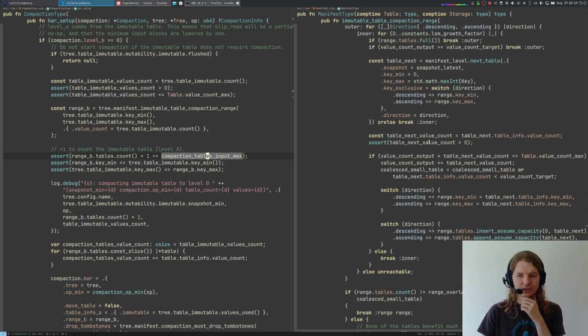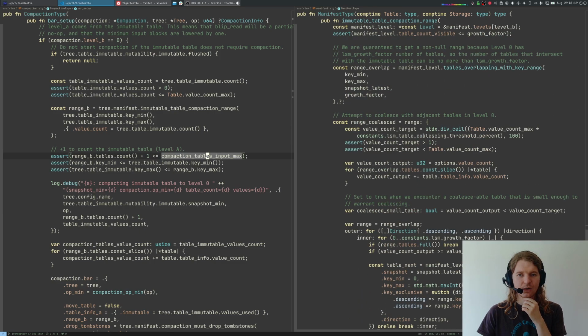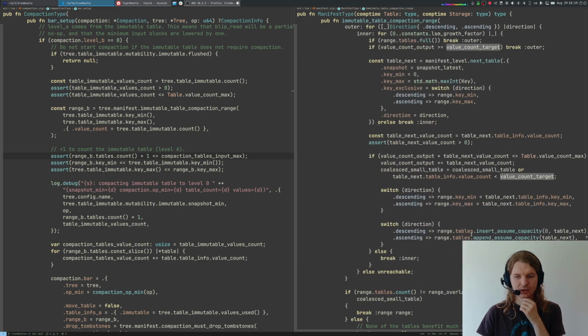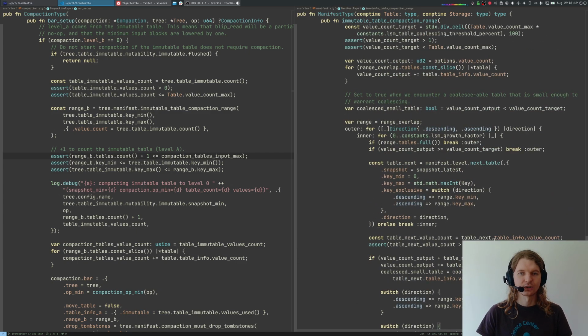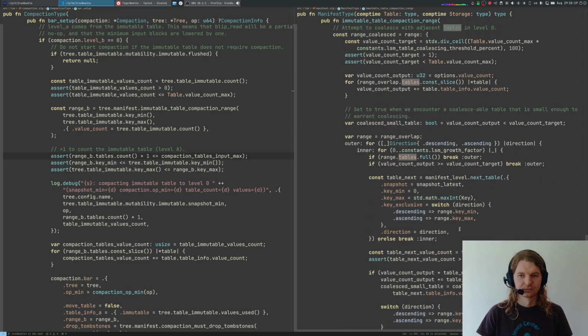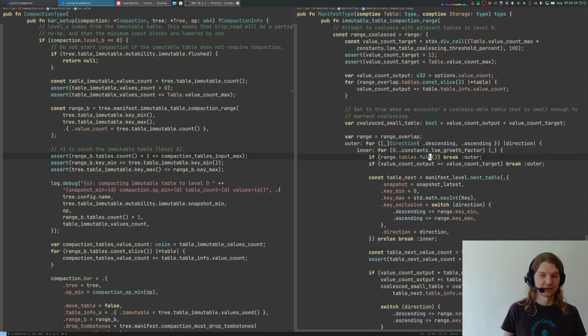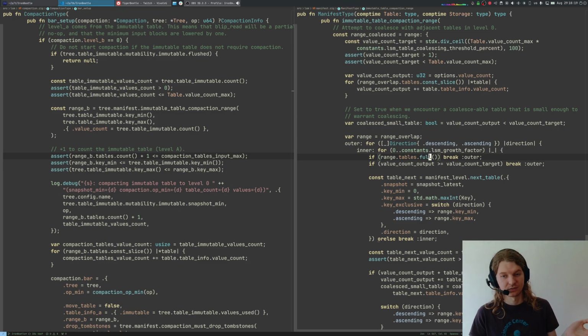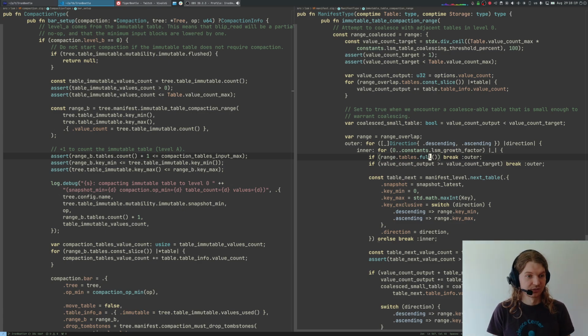I'm wondering where we are counting the tables here. So why would these range tables assume append assume capacity not actually fire? Oh, right, because here at the start, if we figure out that we actually already picked up the maximum amount of tables which we could coalesce, then just don't try to coalesce more.